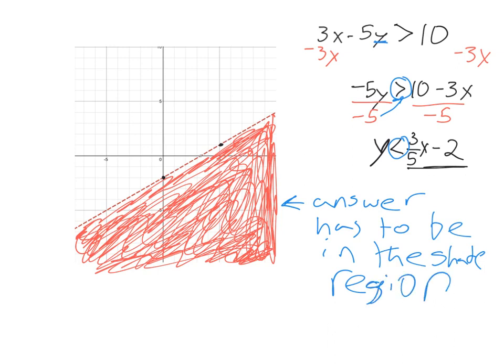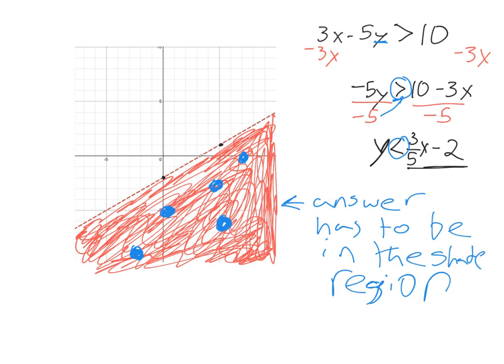Okay? And so that means my answer, I can take any blue dot. So my answer could be this one right here. Boom. My answer could be this point right here. Could be this point right here. This point right here. As long as it is in the region.